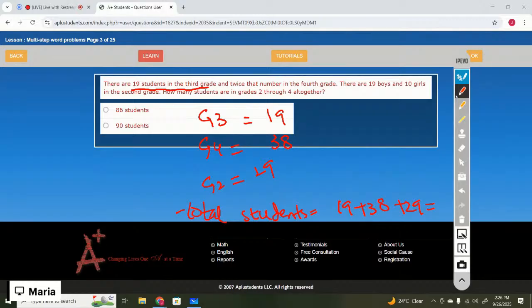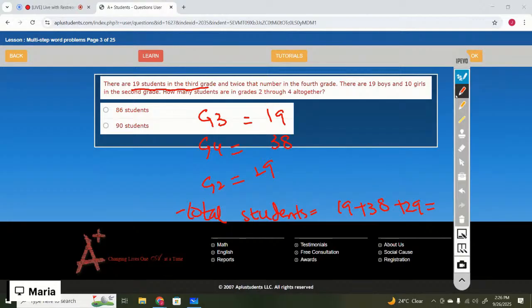So 19 plus 38 plus 29. So total students we have is... there are 19 students in grade 3 and twice the number in grade 4. So 19 times 2 is 38.